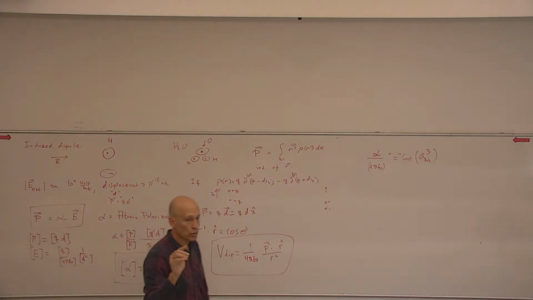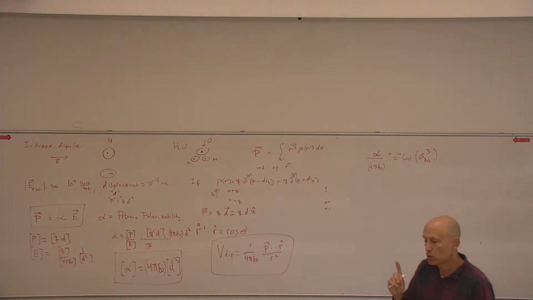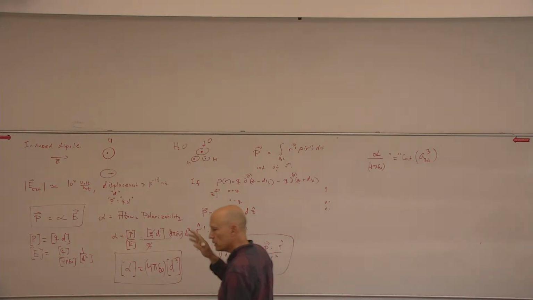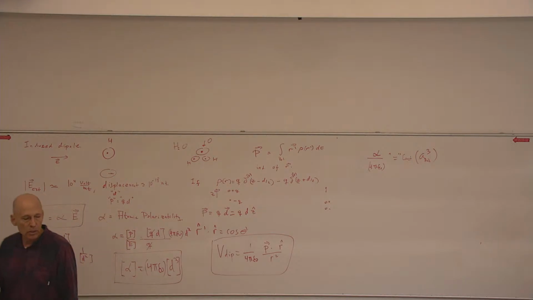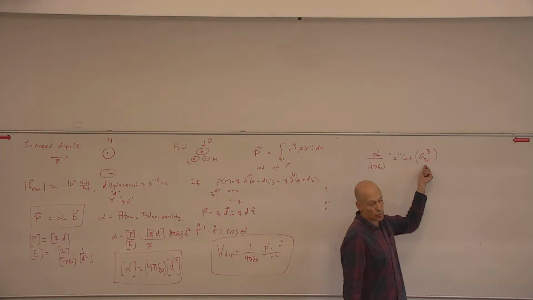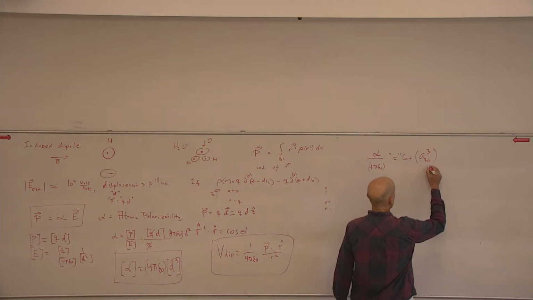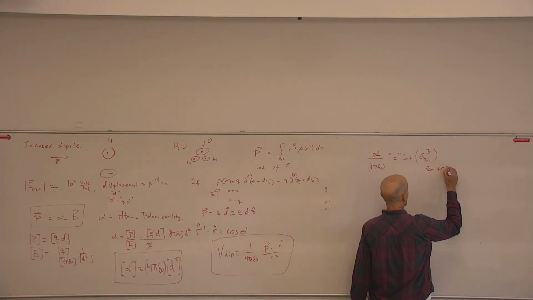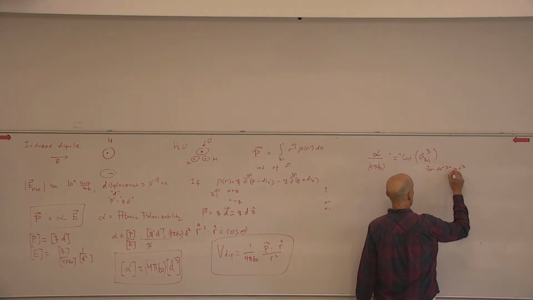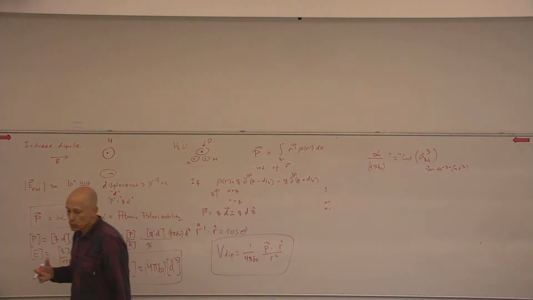In units of meter to the power 3, because 1 Bohr, 1 angstrom is roughly 0.5, but forget about the 0.5. So this object is roughly 10 to the minus 30 meter to the power 3. And this gives you alpha.